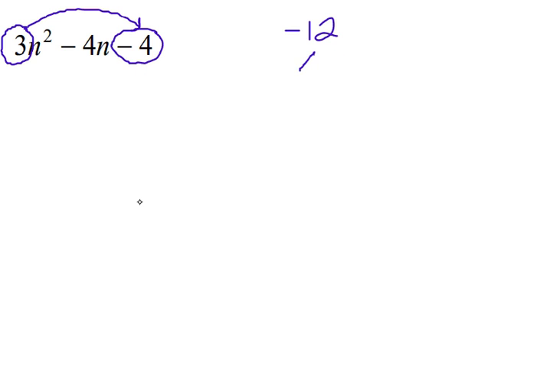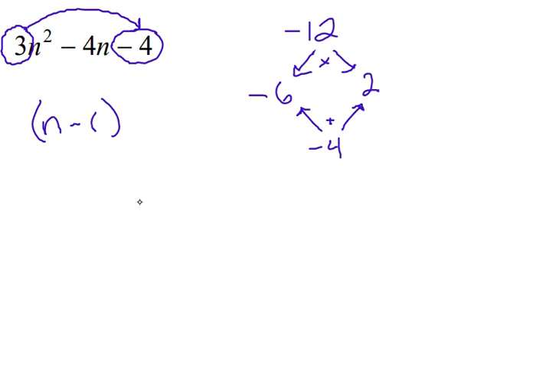So we need factors of -12 that are going to add up to the middle number, which is -4. And you do this the exact same way that we've been doing the other ones, like 6 and 2. This should be negative. -6 times 2, -12. -6 plus 2, -4. So those are my factors.